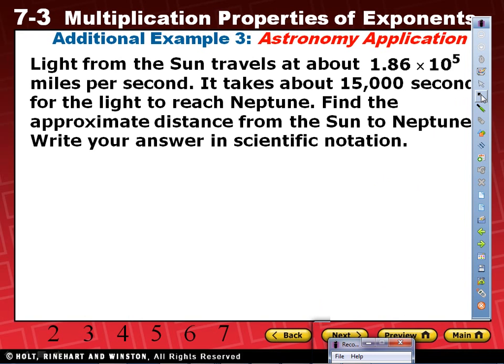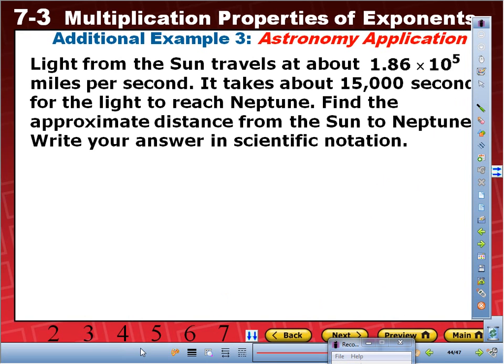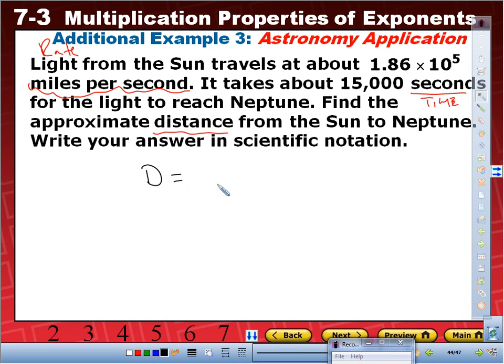Okay? So first of all, with word problems, I like to start underlining stuff so that I know what I'm looking at. Here I have miles per second, which is a rate. Is that correct? Also, we have over here seconds. What is that? Time. And what are they asking us to find? Distance. So let's see, distance, rate, and time. So my formula for that would be what? D equals R times T. Remember that one?